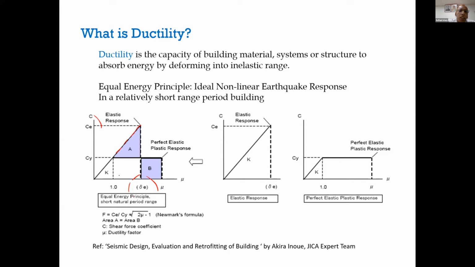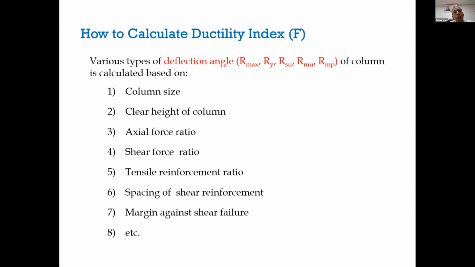From the equal energy principle, we can convert this energy into that energy, and then we can derive this simple formula: ductility index F equals the square root of 2 mu minus 1. So this can be derived. I think there is no need to discuss it more here because of limited time.